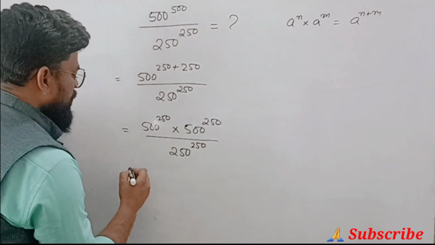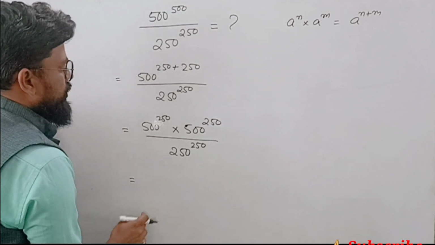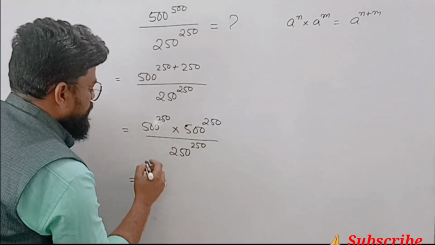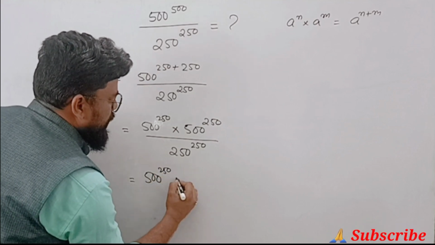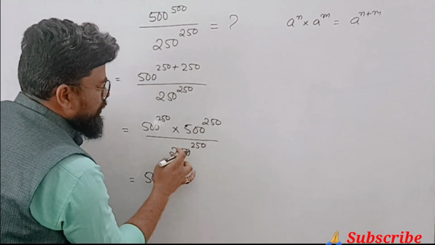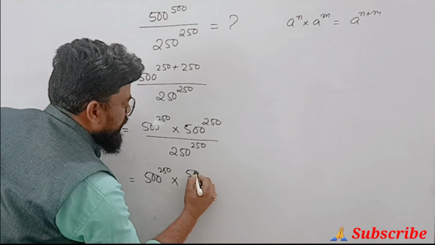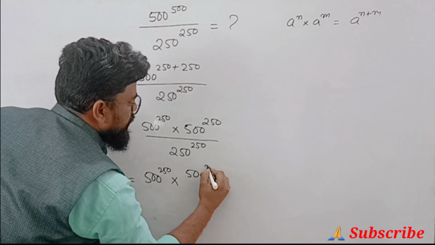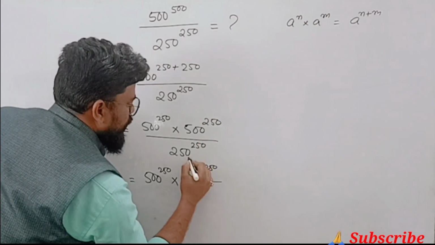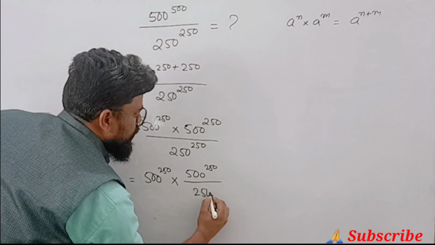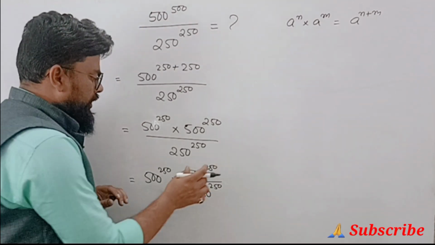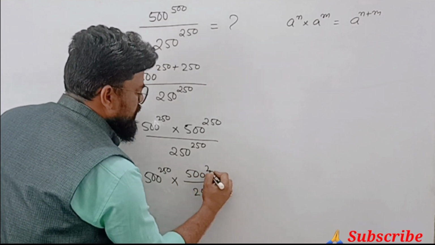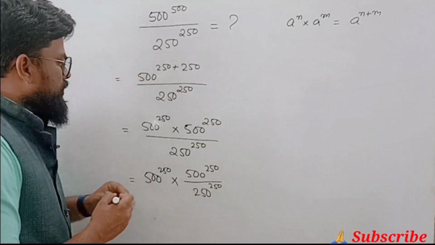Now again see how we will solve this. 500 to the power 250 multiplied with 500 to the power 250, upon 250 to the power 250. We can write this very easily, because it is a multiple form.